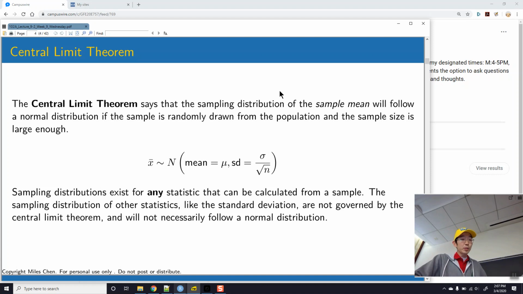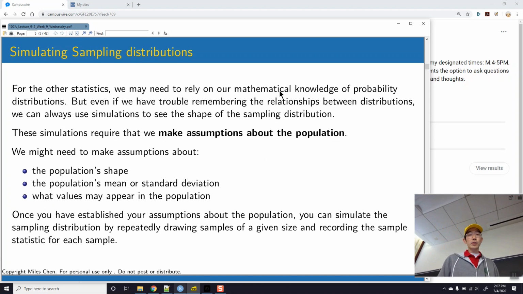But the sampling distribution of these other statistics, say the standard deviation, is not necessarily going to follow the central limit theorem, and so they're not necessarily going to be normal. So what do we do in those situations? One way is we rely on our mathematical knowledge of probability distributions.